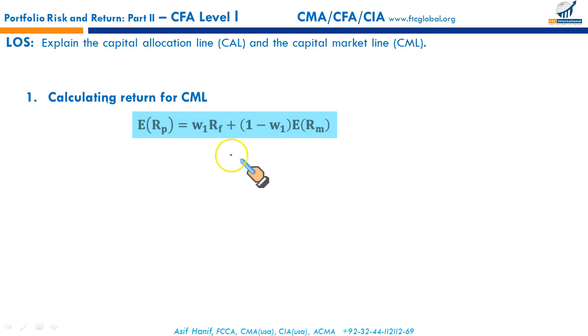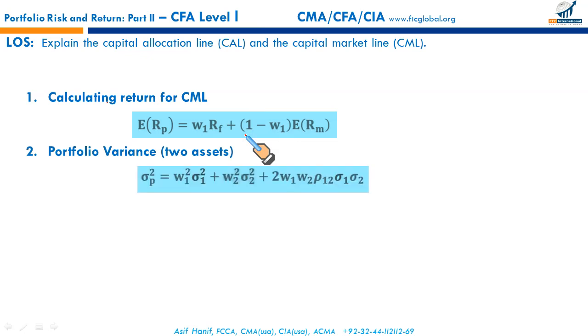Okay, how about calculating the return for the capital market line? As you can see, let's say we have a weight W1 of our investment in the risk-free asset, and the corresponding 1 minus W1 would be the investment in the risky asset, generating the return E(RM). Now, we know that the portfolio variance of two assets is calculated using this formula: W1 squared times variance 1, plus W2 squared times variance 2, plus 2 times W1 times W2 times the correlation coefficient times the standard deviation of asset 1 times the standard deviation of asset 2.